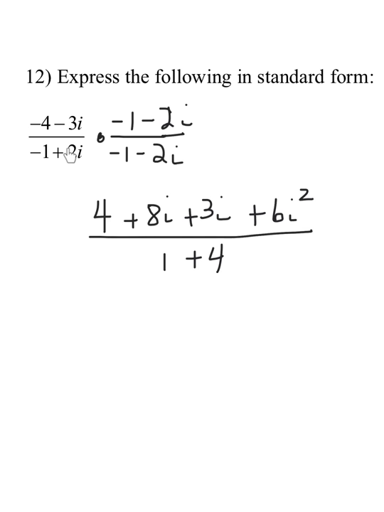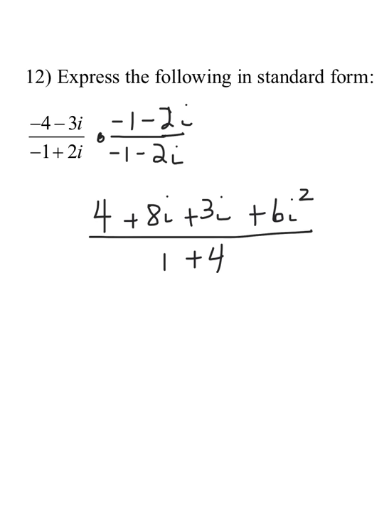So 2 squared is 4. You add the 1 with the 4, that gives you 5. This shortcut always works when you're multiplying a complex number times its conjugate. It's always going to be the square of a plus the square of b. That's what's going to happen in the denominator.